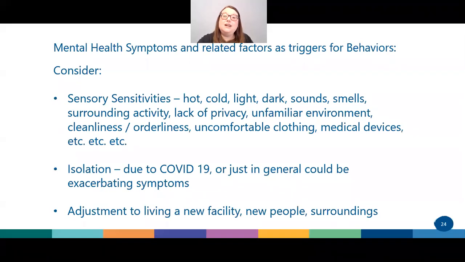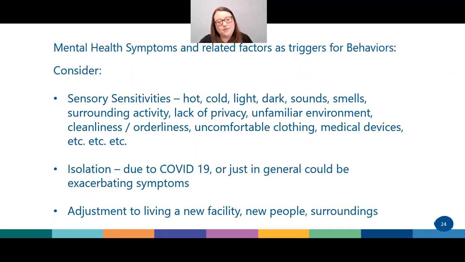They could be wearing uncomfortable clothing, again, a sensory issue, or they could suddenly be wearing uncomfortable medical devices. Maybe it's dentures that they're not used to, or hearing aids that they're adjusting to. We all are sensitive when it comes to our senses, and some people are more sensitive than others.